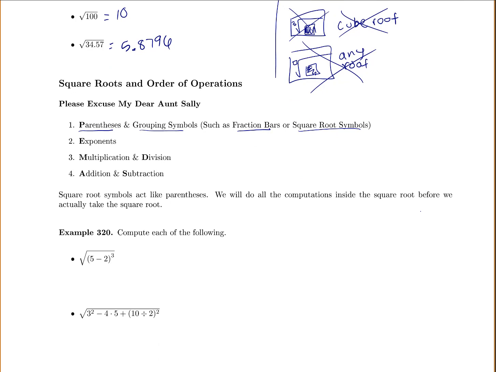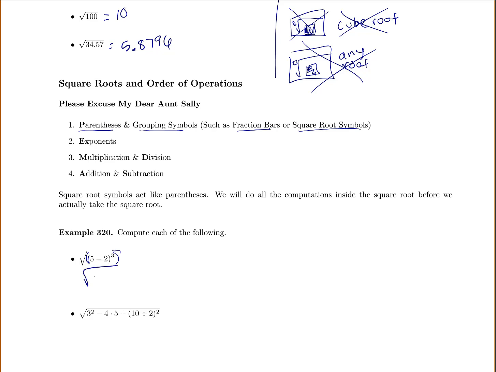So let's try that. So when you see something in here, it's like you have a giant set of parentheses inside the square root. So do the stuff inside the square root first. Well, we do have one set of parentheses in there, so 5 minus 2, that's going to be 3.